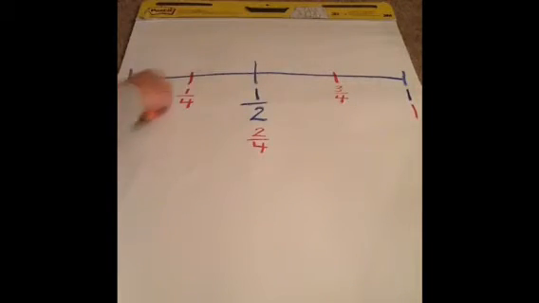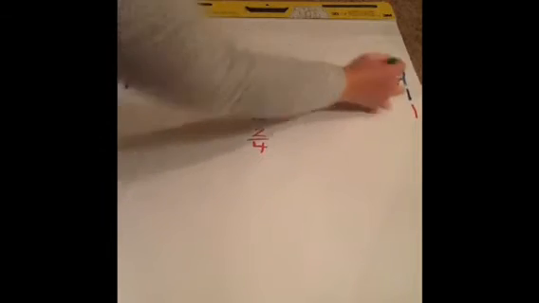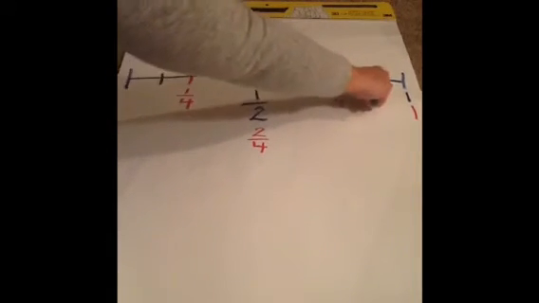And then we divided each of these fourths in half. Now I'm going to use a color that we can see better. And we said half here, half here, half here, half here. So now I have 1, 2, 3, 4, 5, 6, 7, 8.